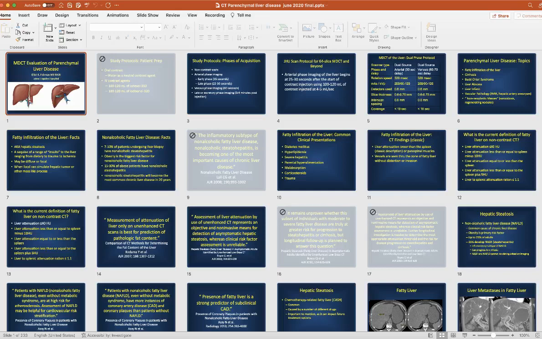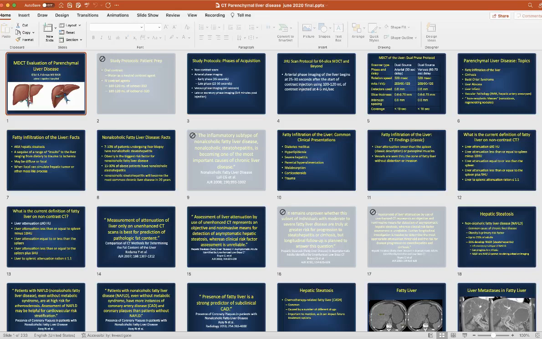If you're looking at the liver, technique becomes very critical. You want to be able to use a range of protocols, but the key thing to me would be arterial and venous phase imaging. You need dual phase imaging.